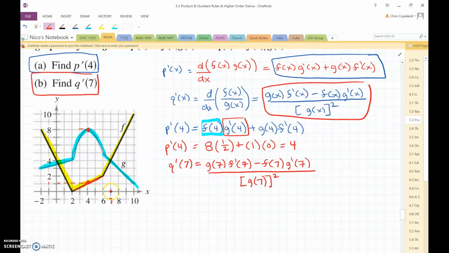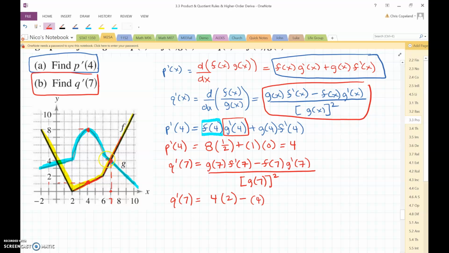So first of all, g of 7 would be 4. f prime of 7. Okay, so the slope that's going through here is up 2 over 1, so 2. f of 7 is still going to be 4.